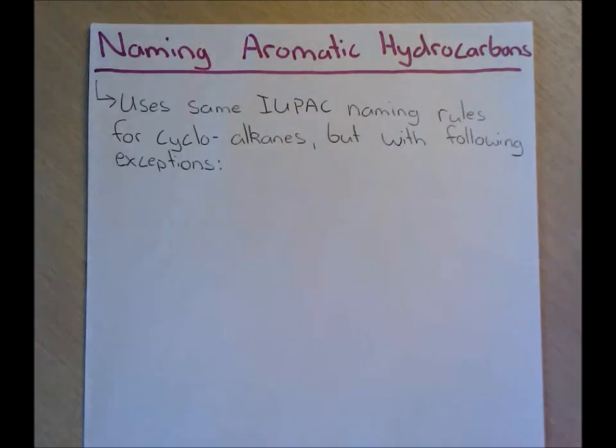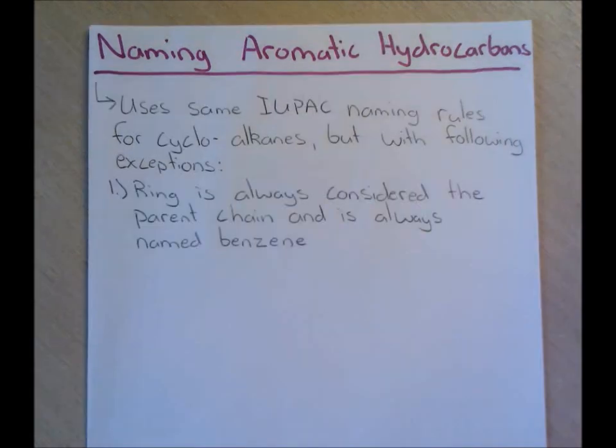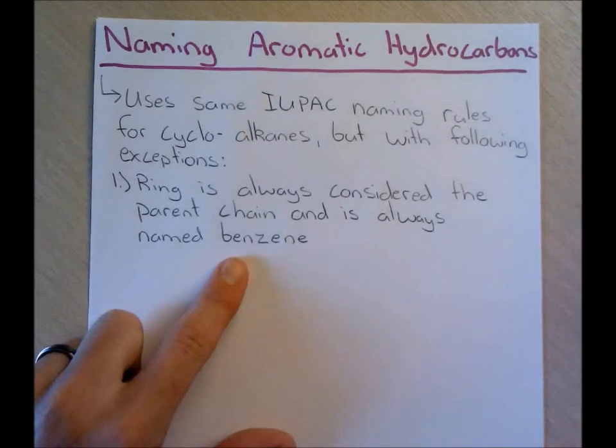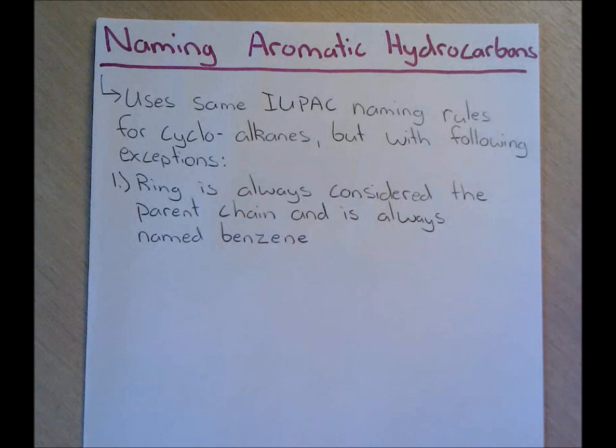The first exception is that the ring is always considered the parent chain, and that ring is always going to be benzene. So if you see an aromatic hydrocarbon, that hexagonal shape with the circle in the middle, know that your parent chain is always going to be benzene. There's no need to find the longest carbon chain.